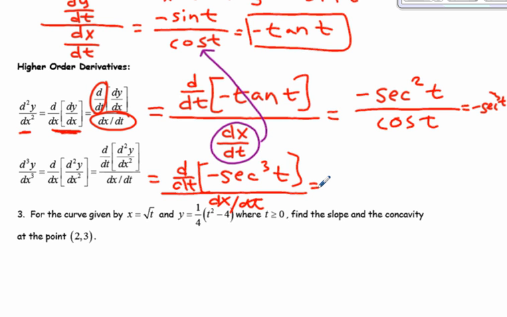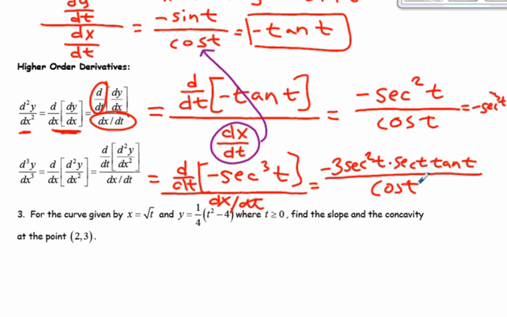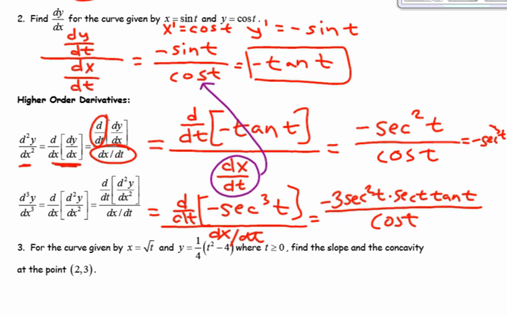Now, the derivative of secant is secant tangent, but this is chain rule, so you're first going to bring down the negative 3 of secant squared times the derivative of secant, which is secant tangent, divided by dx/dt, which is cosine. Now, you could do a bunch of algebra there and simplify that, but that's not what we're concerned about today. Okay? So again, all you have to do is when you take derivatives of parametric, take the derivative of dy/dx, and then divide by dx/dt.